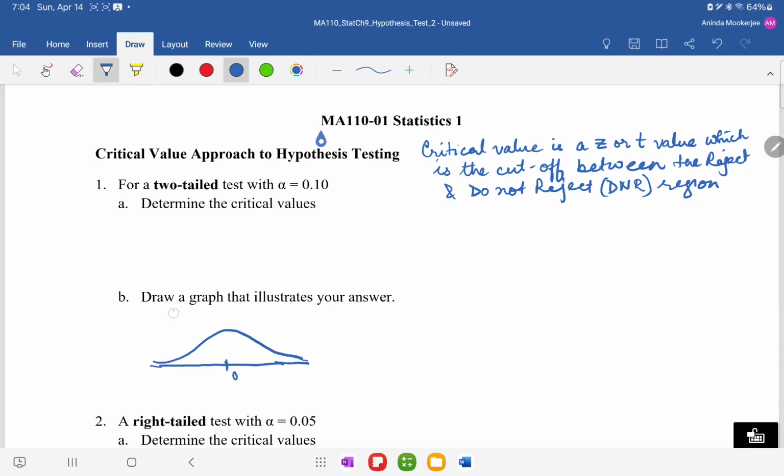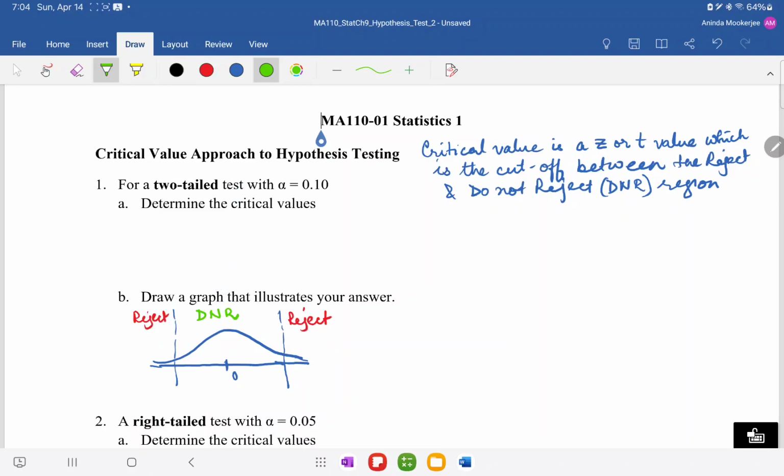So we will have a reject region on the left-hand side and a reject region on the right-hand side as well. And the region in the center is going to be the do not reject region.